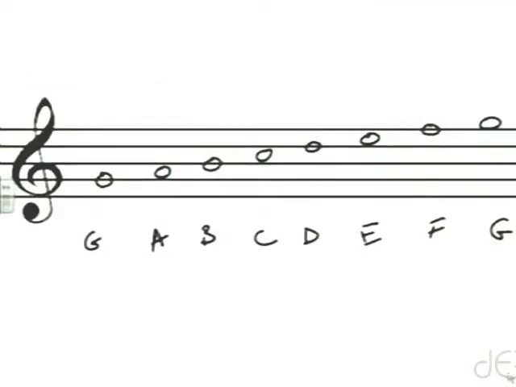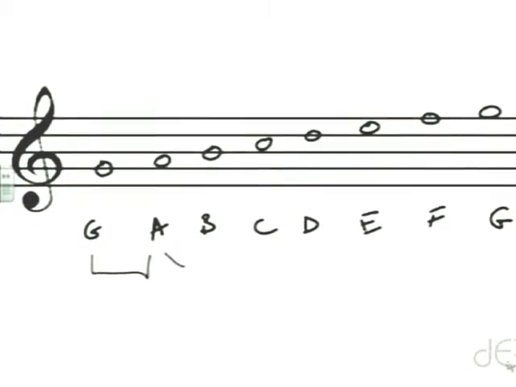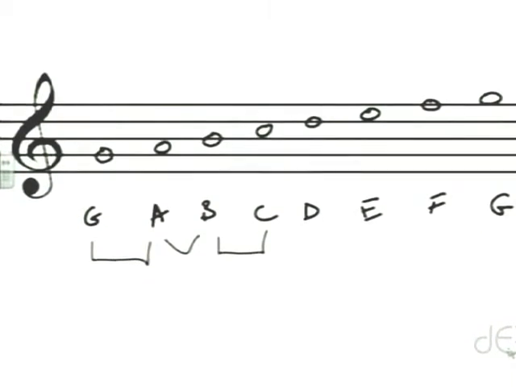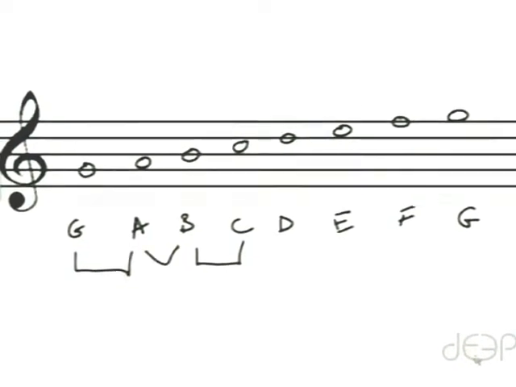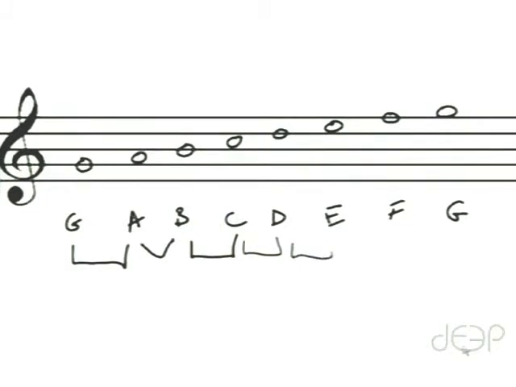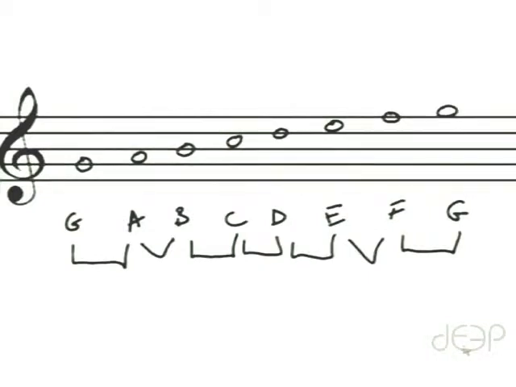So we're going to go back, G to A. Well, in fact, let's just do this. Whole, half, whole, whole, whole, half, whole. Okay? Now, G to A is a whole step. We don't need to change anything. A to B flat gives us our half step.